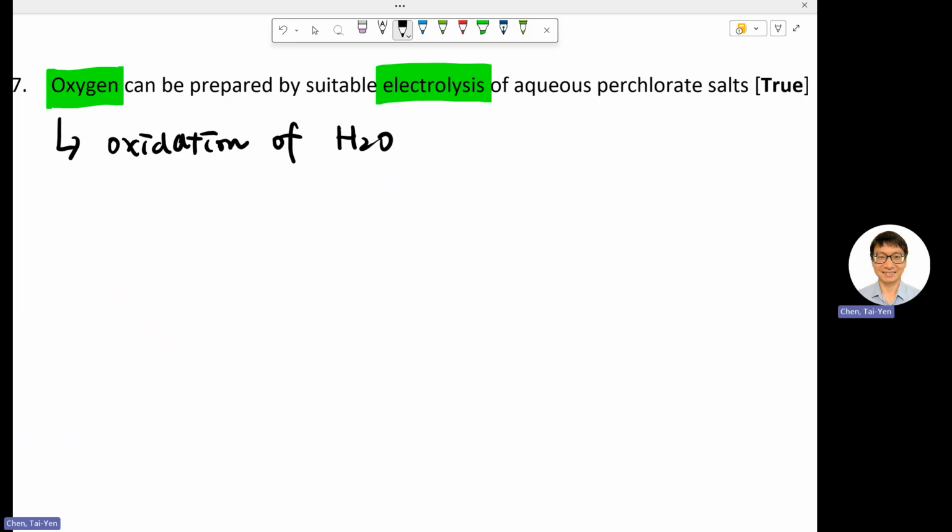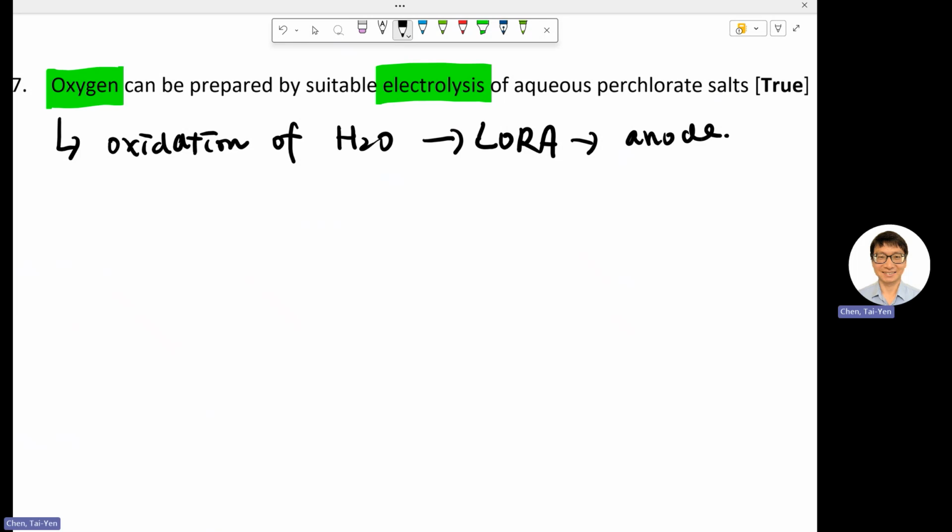So as you see oxygen here, then you know the process you're talking about is your oxidation process. Okay? That means you're looking for the things that are going to show up in your anode. Okay, so those are the things that you should have, right?